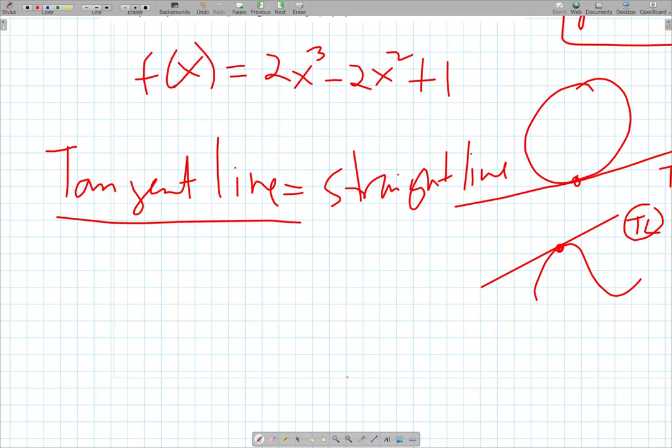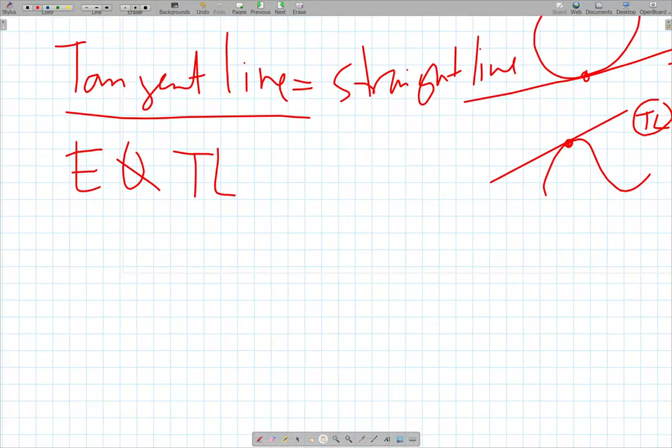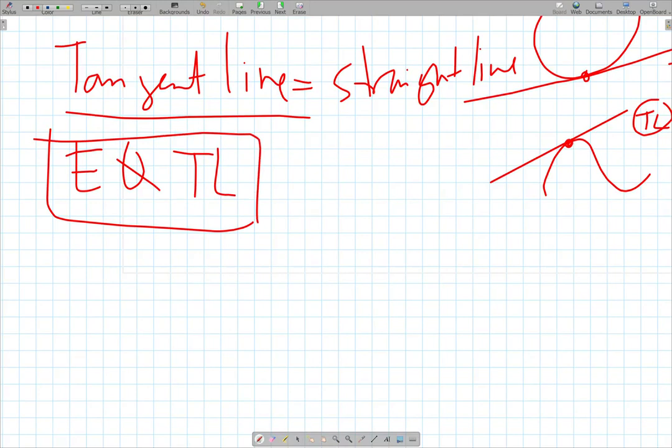What is the equation of the tangent line? This is from analytic geometry: the equation of the tangent line or the equation of the straight line, the same thing.